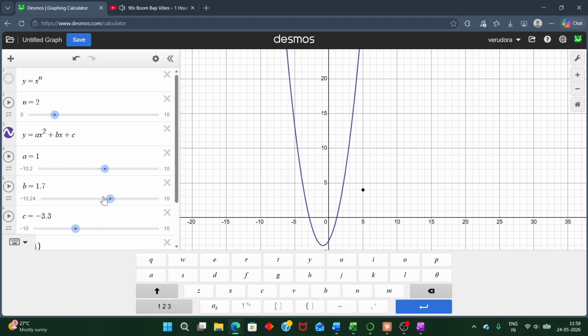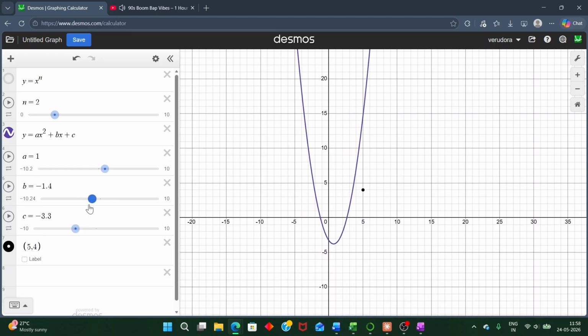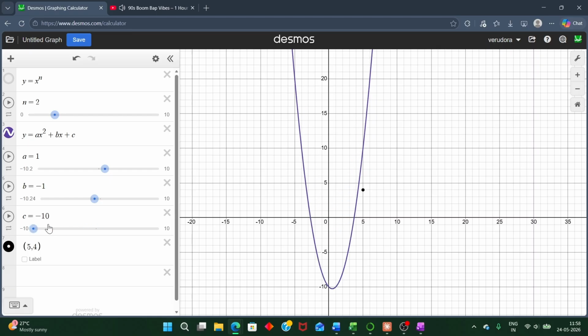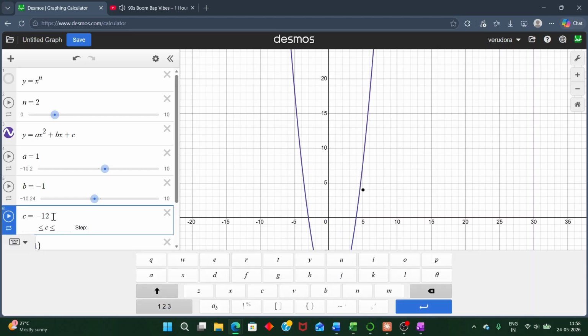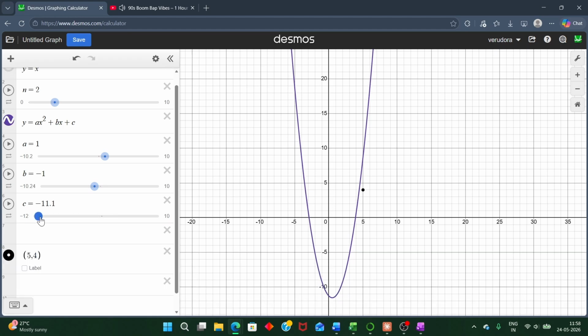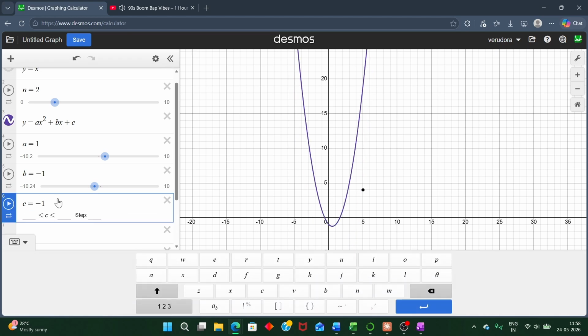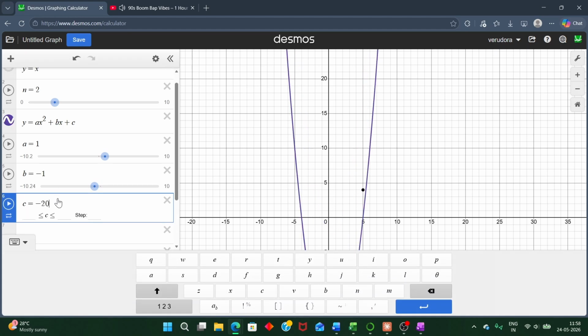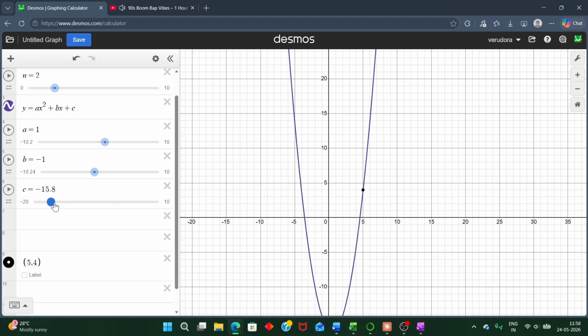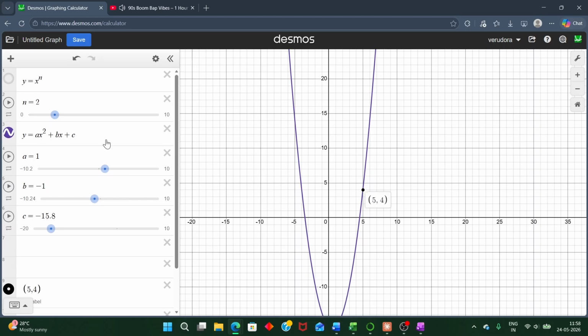So I'll keep a is equal to 1, and let us keep b is equal to minus 1. And just by modifying c, I'll try making it pass through this point. Let's take minus 20. And yes, exactly this point, where it passes through the point 5, 4. And this concludes what a parabola is.